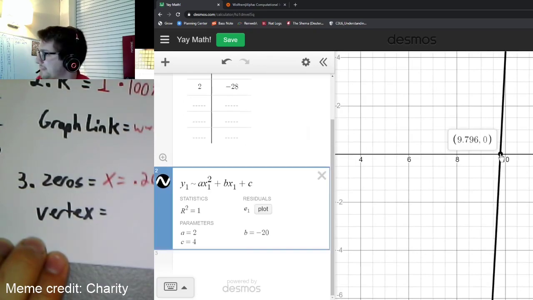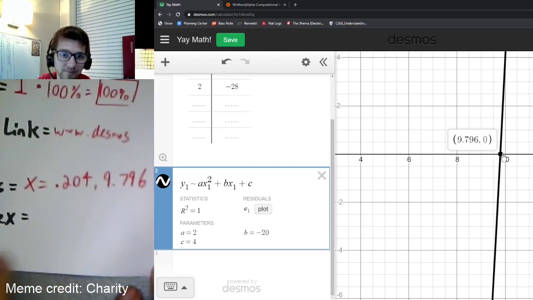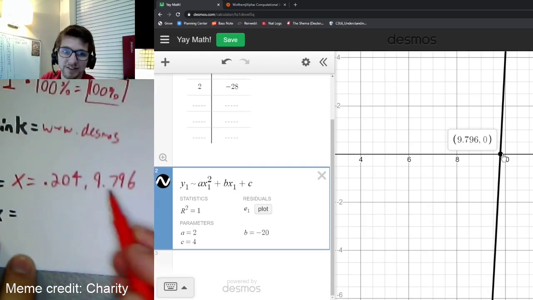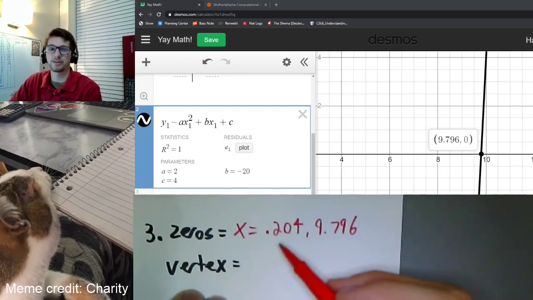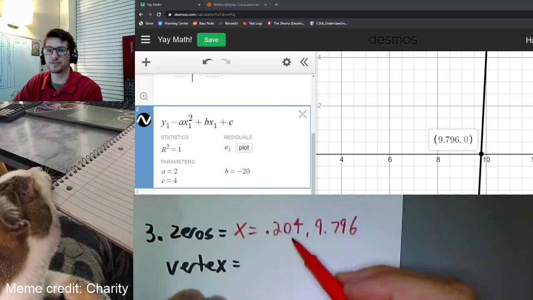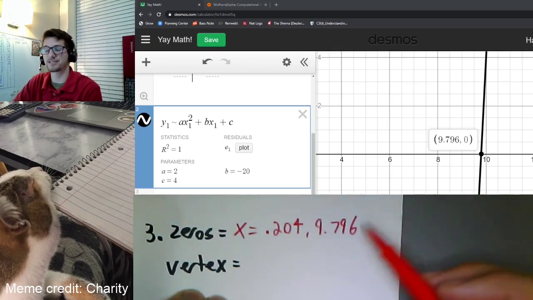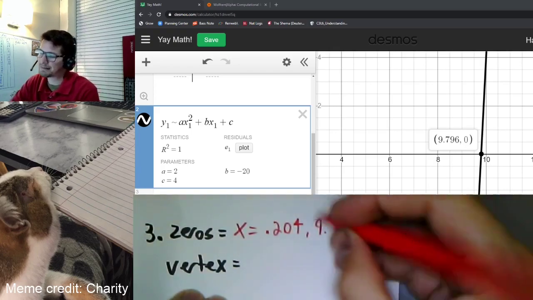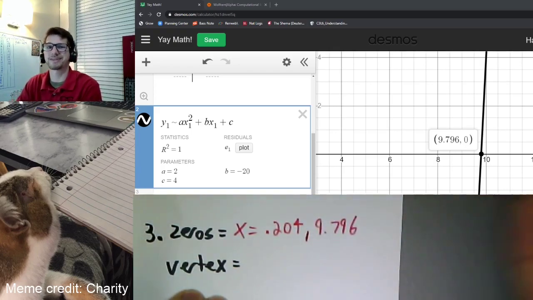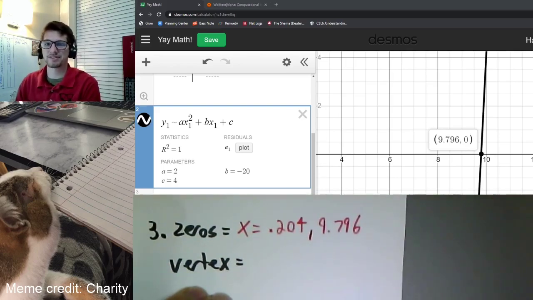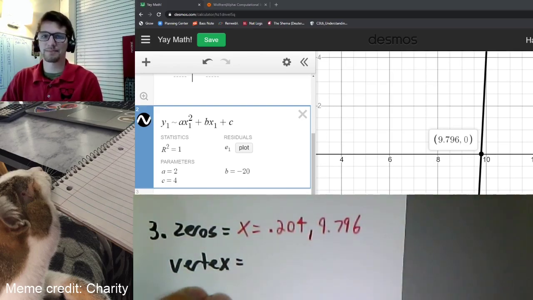And if I click that, it gives me the point 9.796. And it looks like these are my two zeros. So it looks like my zeros were 0.204 and 9.796. So I would type those two numbers in. I'm okay if you separate them with a comma or a space, however you want to type it. It's not a problem.